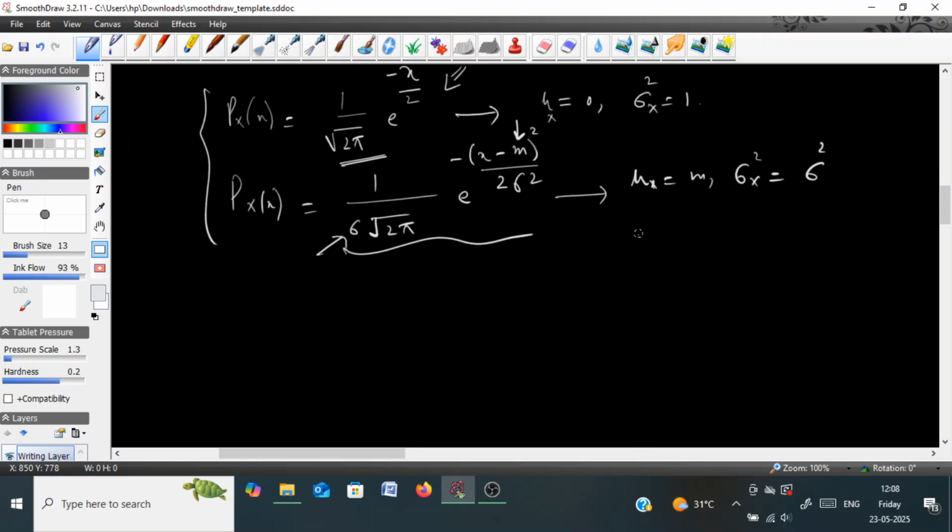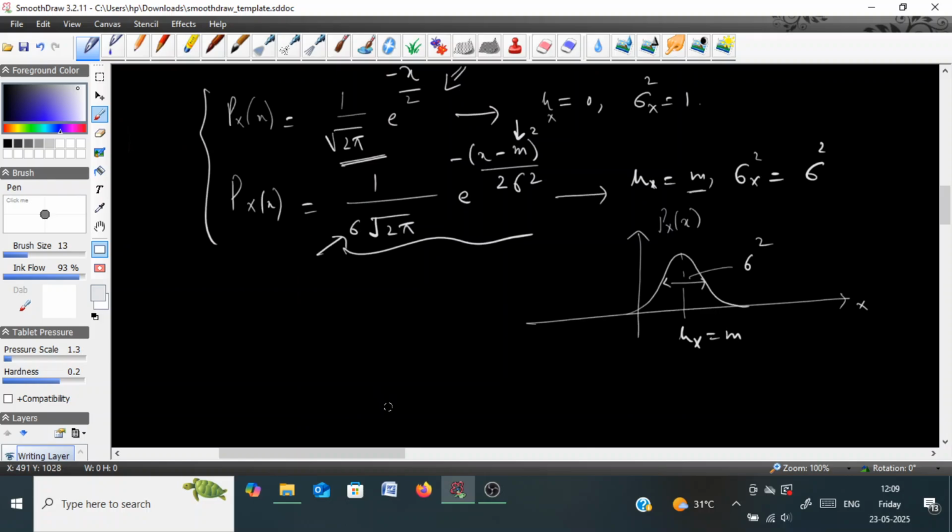And if you plot a general Gaussian random variable, which has a mean value of m and a variance of sigma squared, it can be something like this, depending upon the value of mu and sigma. So this is mu of x, which is equal to m, and this will have a variance which is sigma square. Okay, so this bell curve is a very important random variable, which we call a Gaussian random variable.